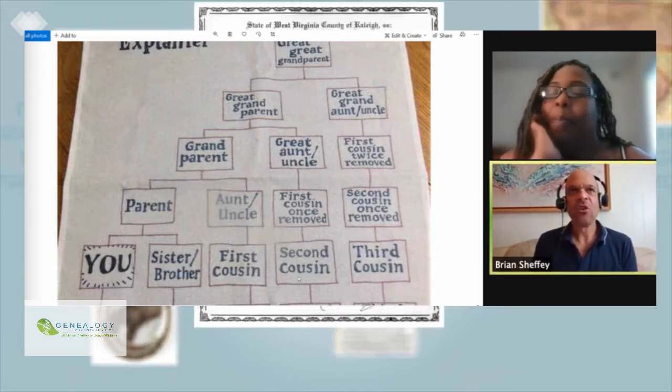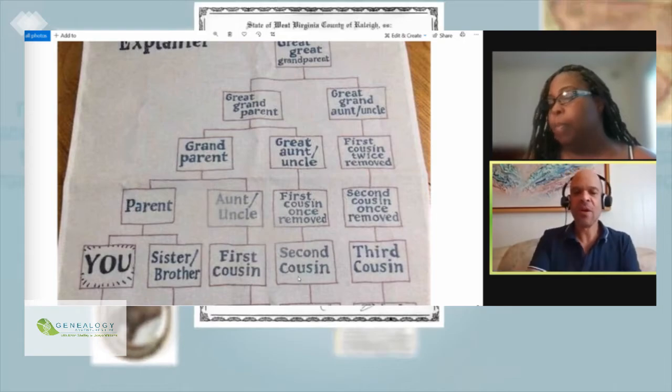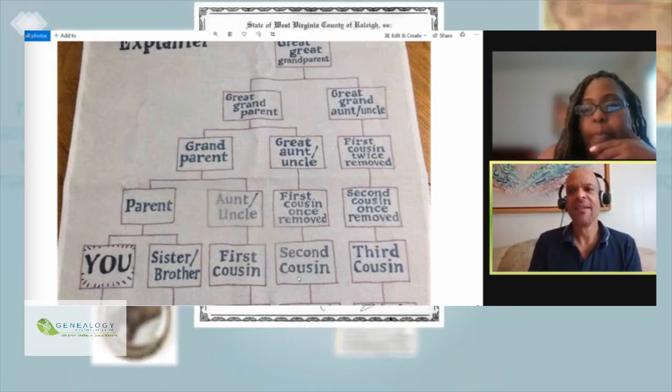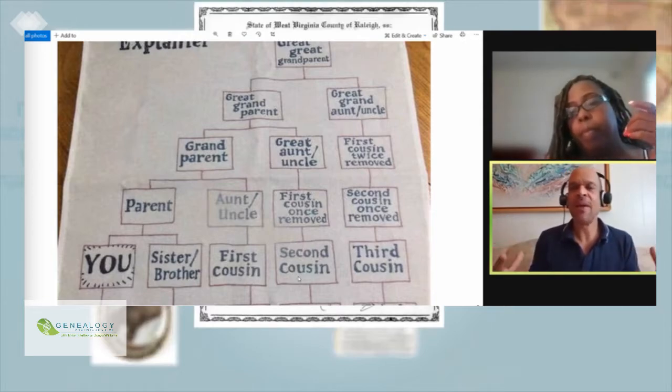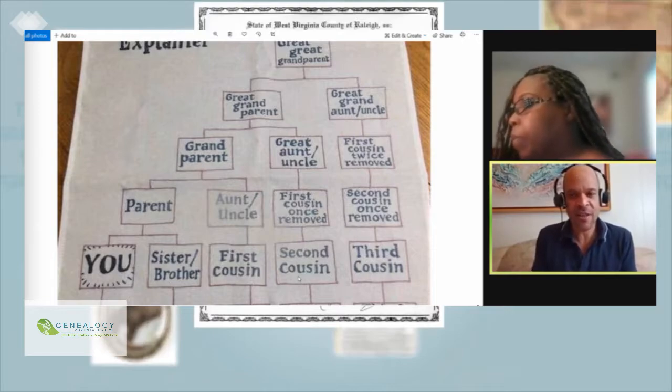Now, where things can get a little bit tricky is if you try to calculate a degree of relationship, like what we're showing in this chart, based on DNA results. Because I know that all of the major DNA companies base their analysis on this ideal where two people getting married are not biologically related to each other.